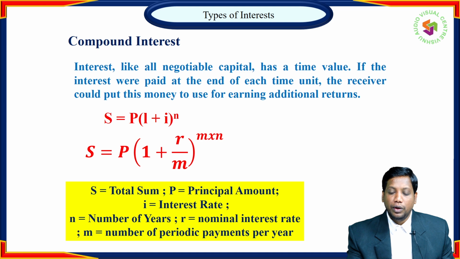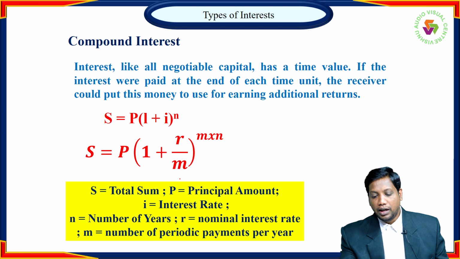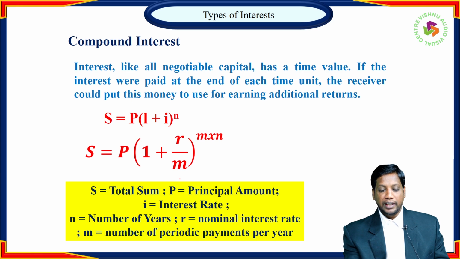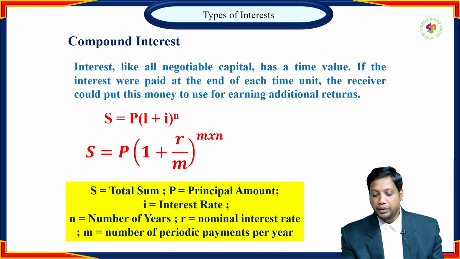S equals P into (1 plus R by M) whole power M into N. In the first case, P is the principal, I is the interest rate, N is the number of years.